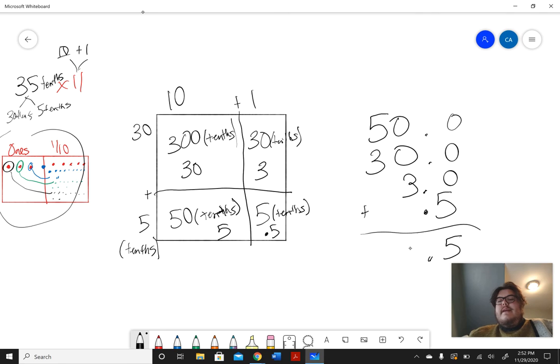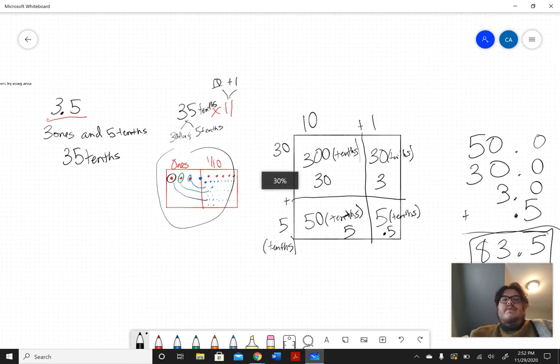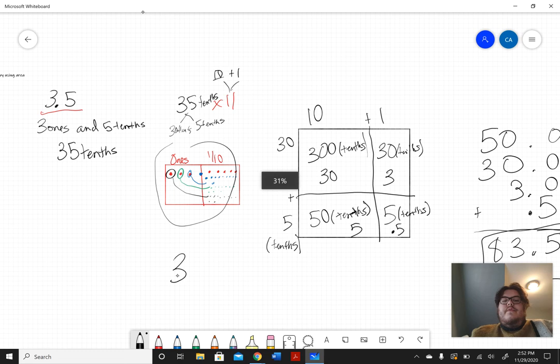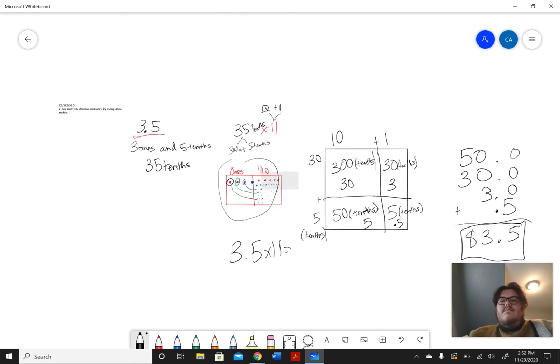In the ones place, we have a 3. And in our tens place, we have 8. So our answer is 83 and 5/10. Okay, so our answer to 3 and 5/10 times 11 is equal to 83 and 5/10.